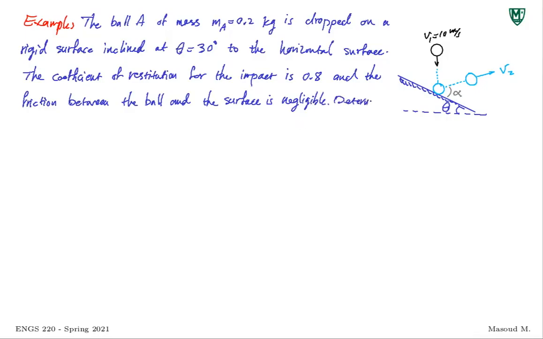So determine, part A, we have to find the rebound speed V2 and the rebound angle alpha.